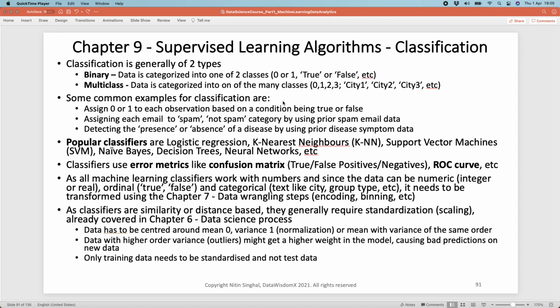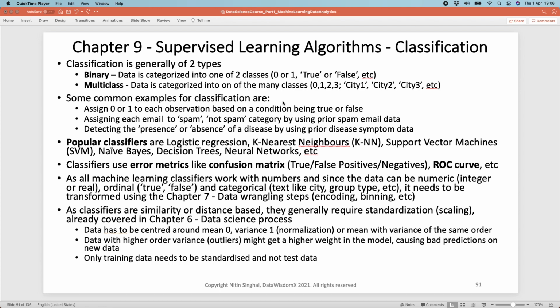So if you think about certain examples for which classification can be used, a very good example is assigning true and false to your output based on the input data. I mean, that's pretty common. You use that for many different fields. Another example is email spam. So, you can categorize the email as spam or not spam based on learnings from the prior spam data.